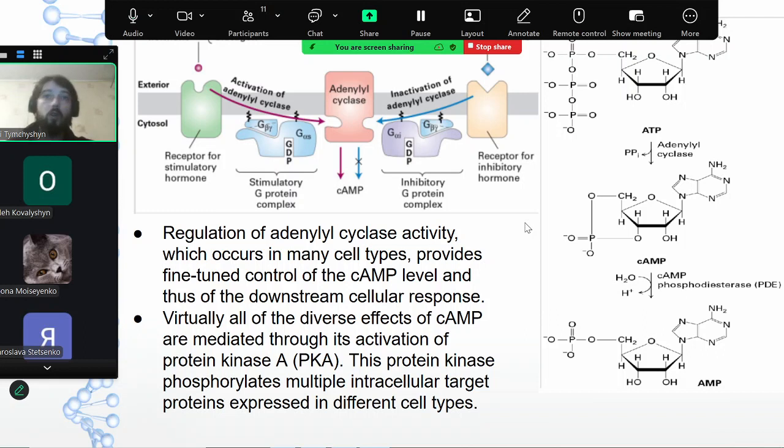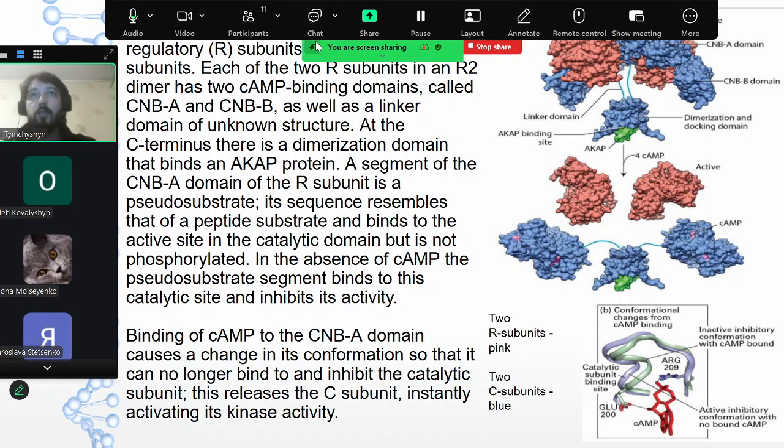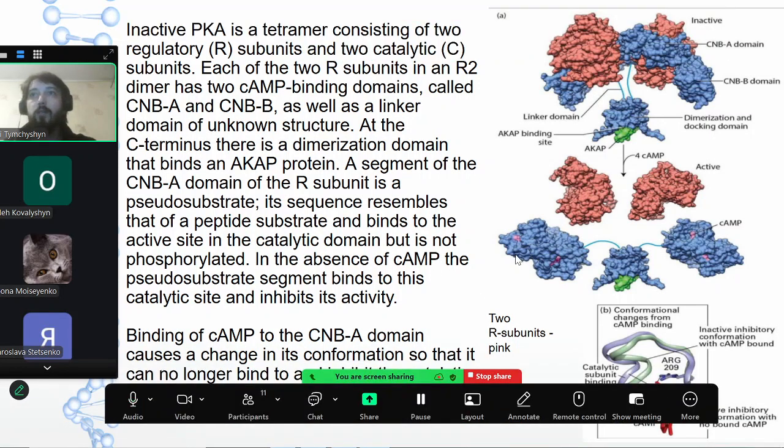And virtually all of the diverse effects of cAMP are mediated through its activation of protein kinase A. This protein kinase phosphorylates multiple intracellular target proteins expressed in different cell types. So I guess I will have some examples. So here is protein kinase A, which is a tetramer consisting of two regulatory subunits and two catalytic subunits.